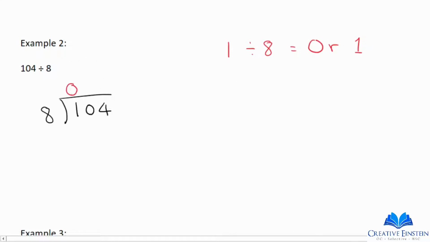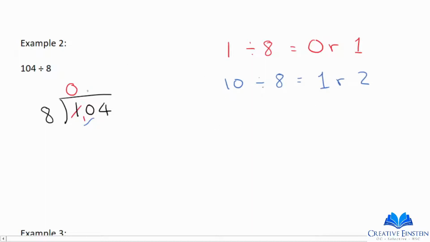So 0, remainder 1, and I've used that 1 now. I'm crossing it off. The next number I'm looking at is the remainder 1 and the next digit, which is 0, so 10. So over here, that's 10 divided by 8 equals 1, remainder 2.